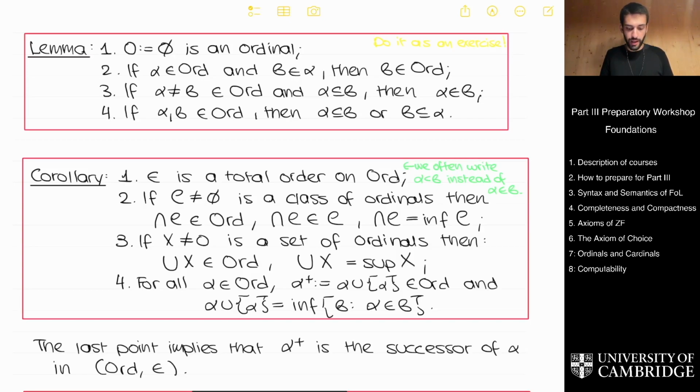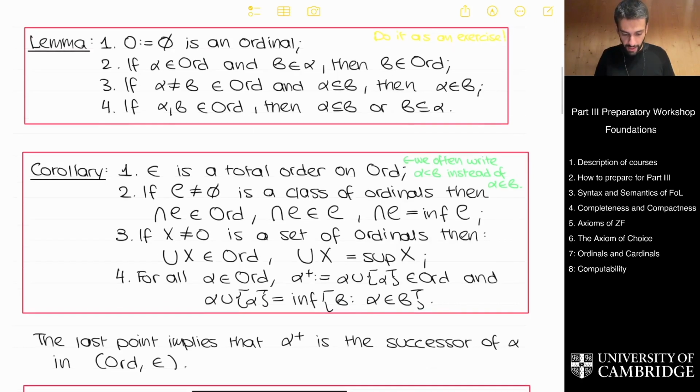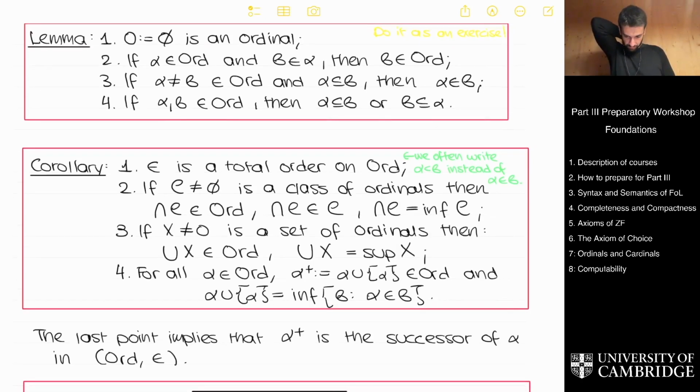Why is that? Well, it is clearly transitive. Secondly, it is irreflexive, of course, by foundation, and it is antisymmetric because of points 3 and 4.